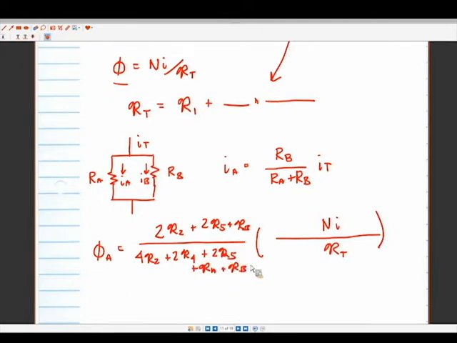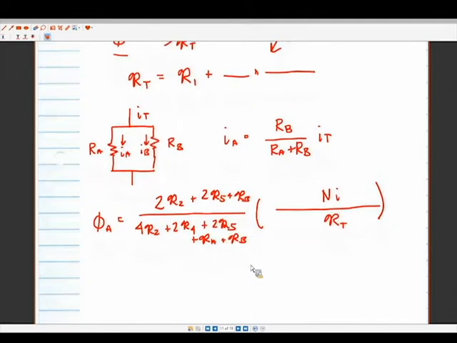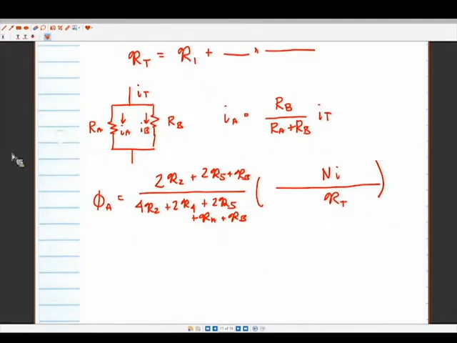Okay, and then if I wanted to, I could figure out phi B just by changing the numerator right here. So phi B is similarly structured.